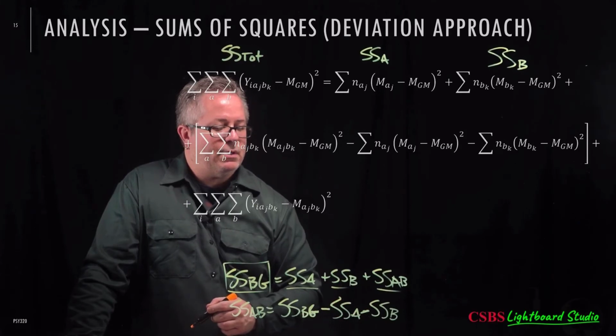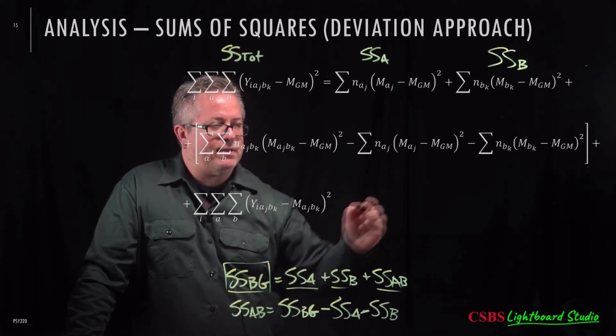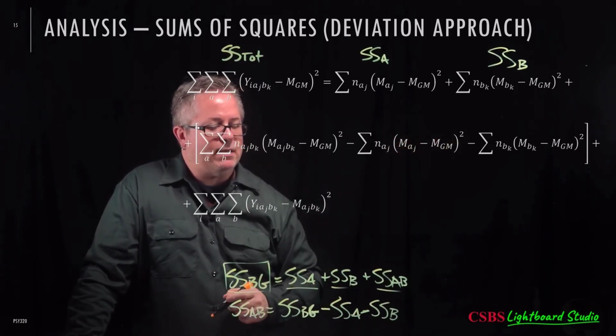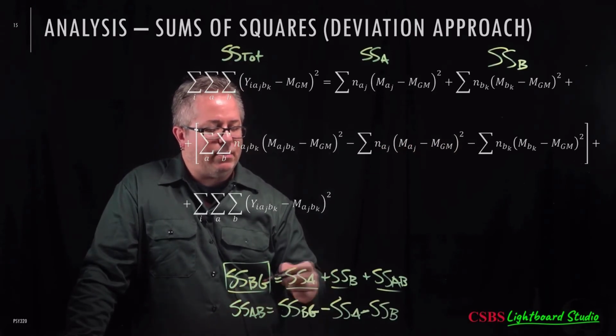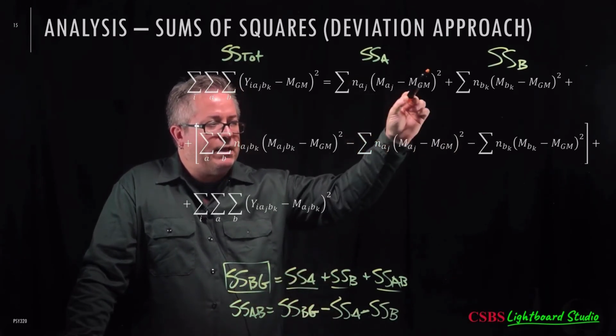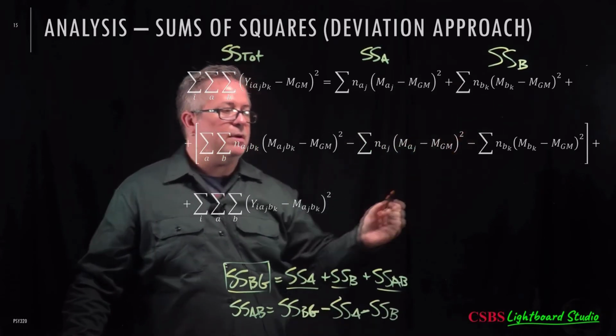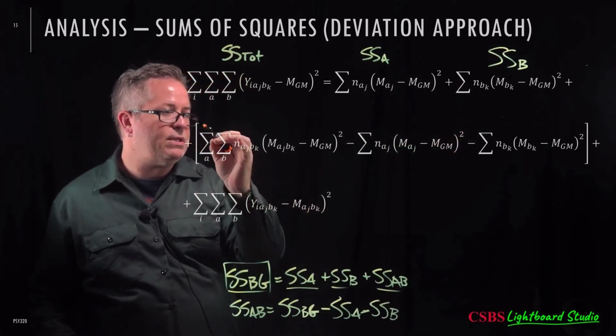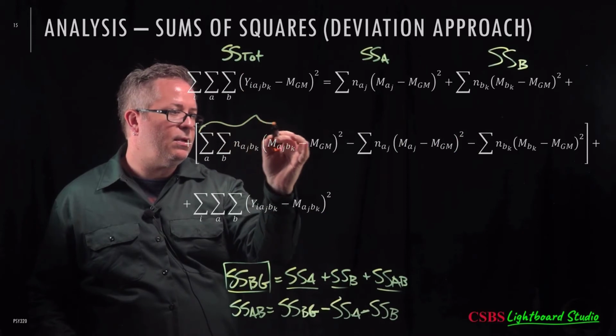Okay? So I can't just cancel things out, as we'll see in a second, because I'm actually doubling up on them. So I have an A here, I have a B there, and then this component, just this thing, right?